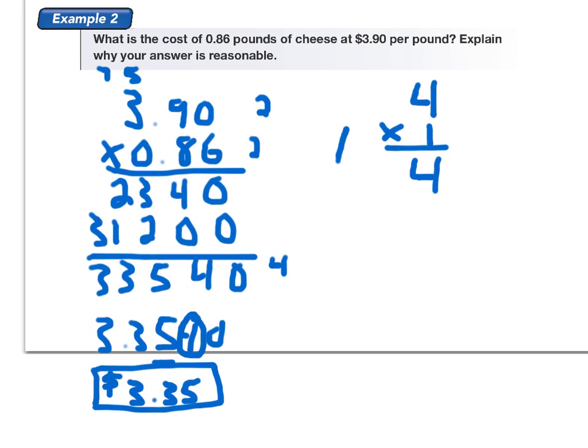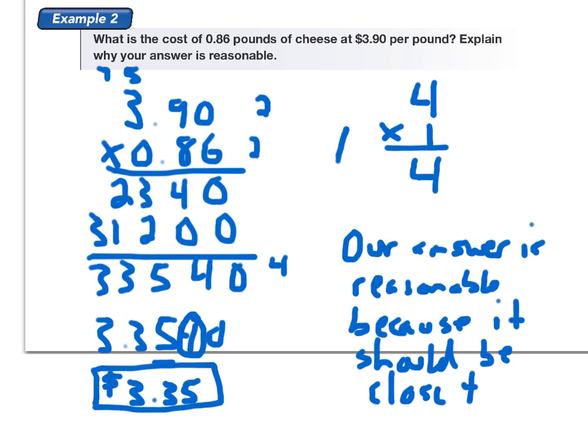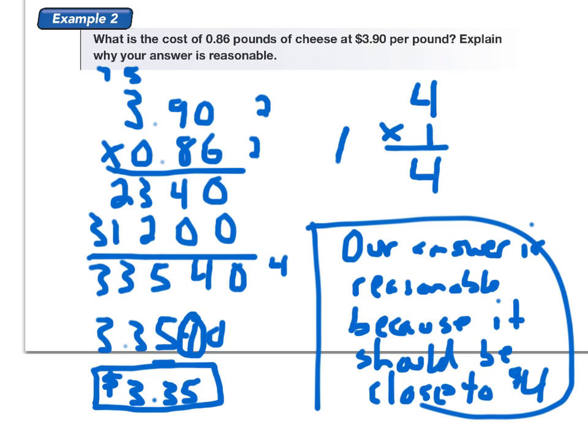We'll explain our answer is reasonable because it should be close to $4, and that's according to our estimate. We showed our estimate right up top here. So that's showing our work with the estimate. Alright, let's keep moving on.